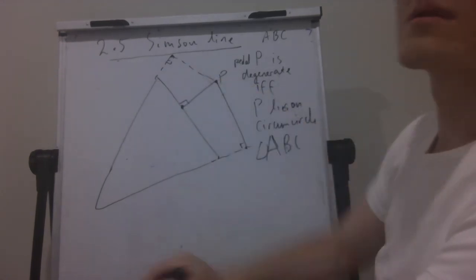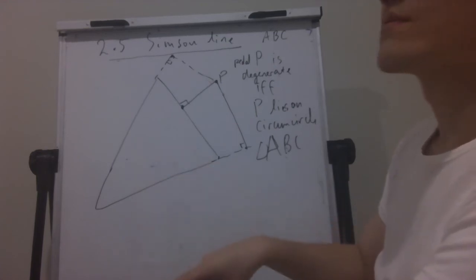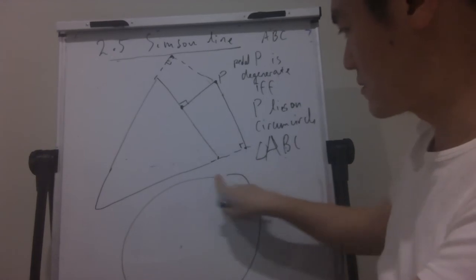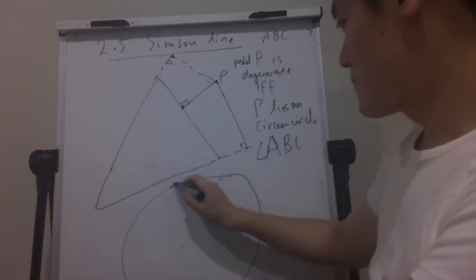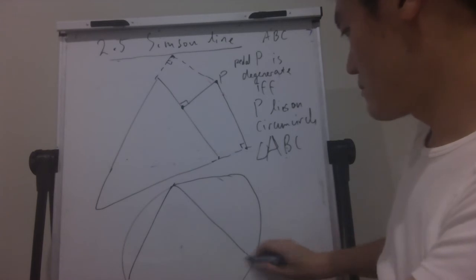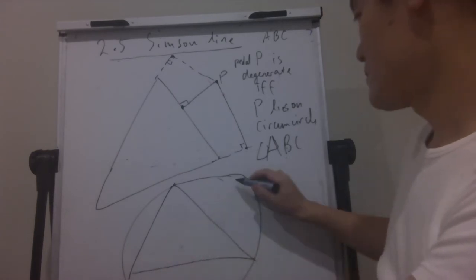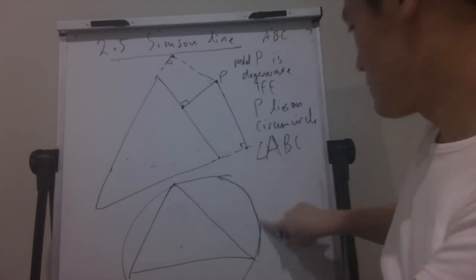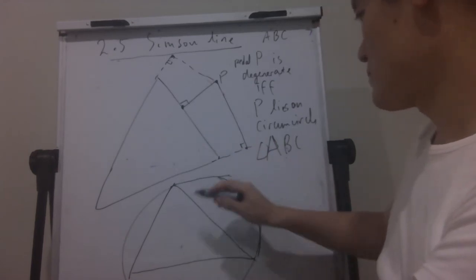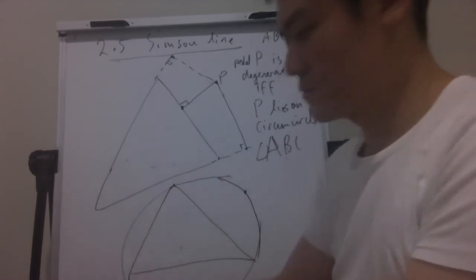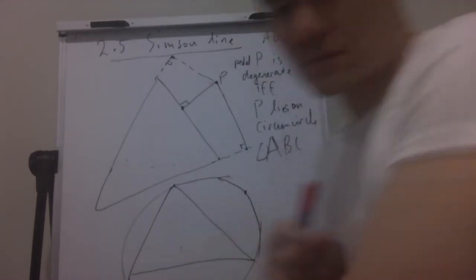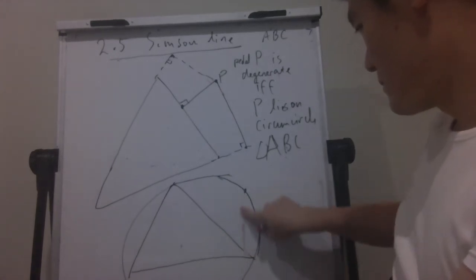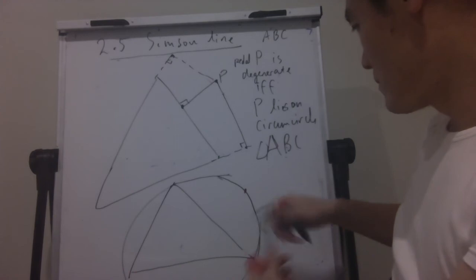So basically, one direction you were just trying to prove, right? So when you have a circle, could make it here.